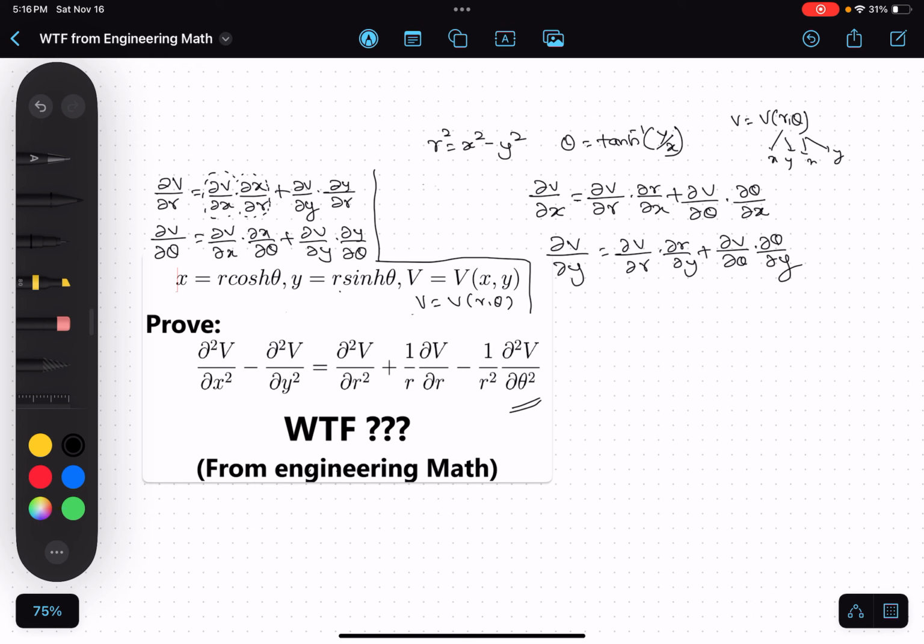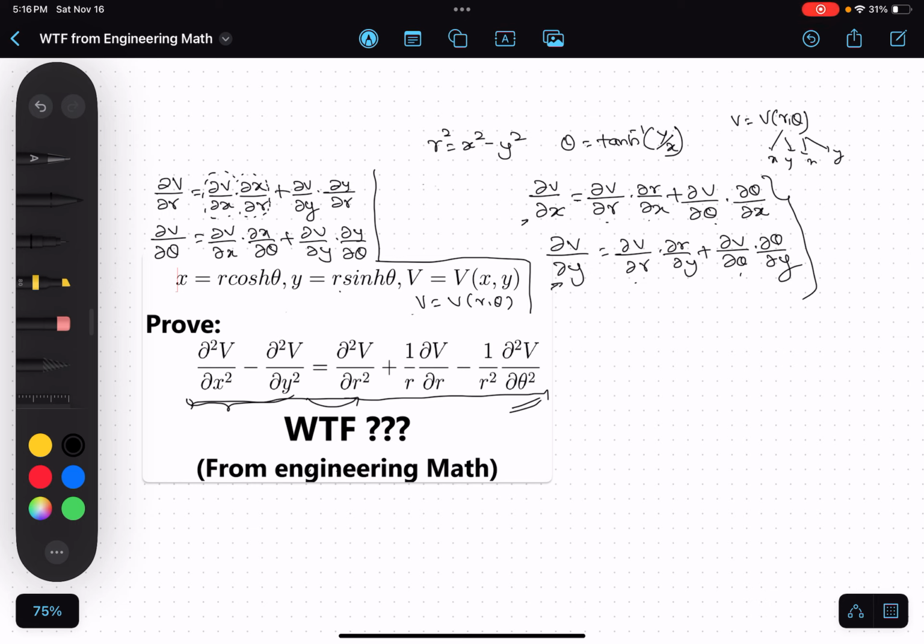Now, in this very problem, we are basically asked to get from here to here. So we want to use partial b partial x expressions and get it in terms of partial b partial r and partial b partial theta.